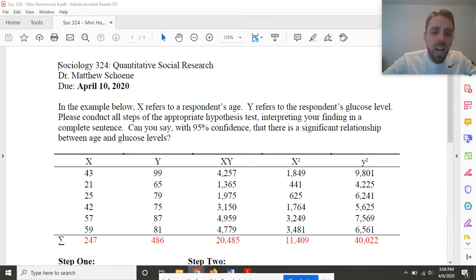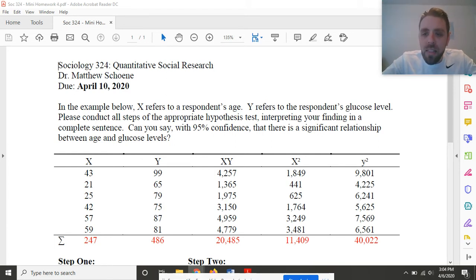Anyway, as far as the material that I assigned to you today, you were asked, is there a relationship between X and Y, where X refers to a respondent's age and Y refers to a respondent's glucose levels. So we know what our variables are here.